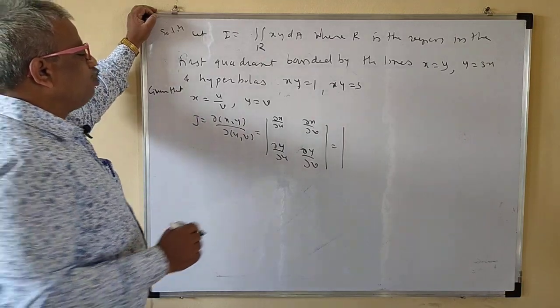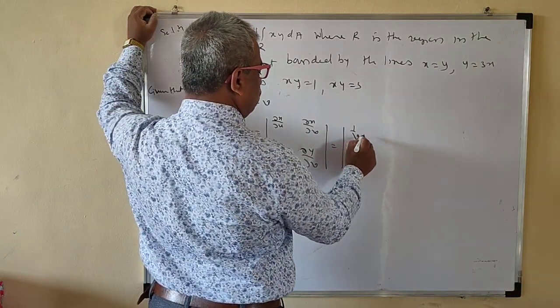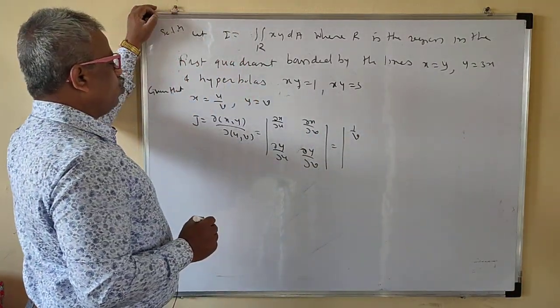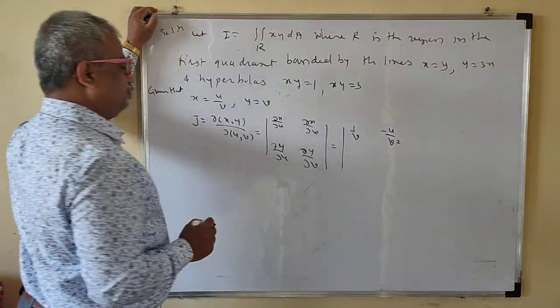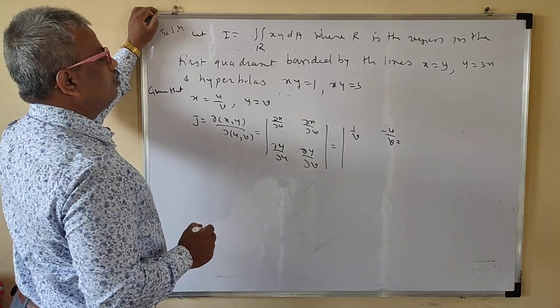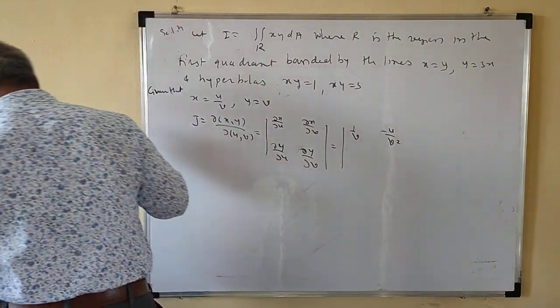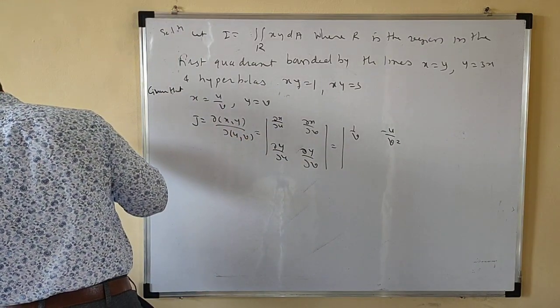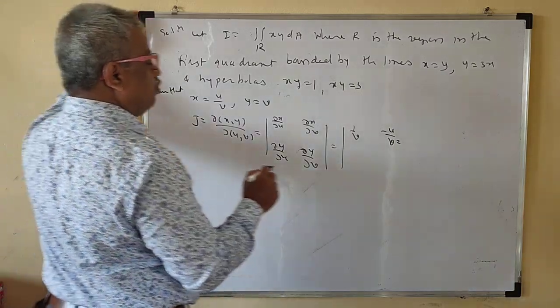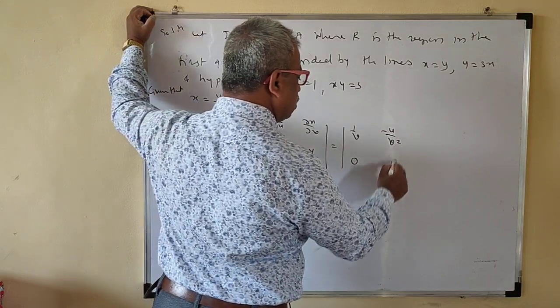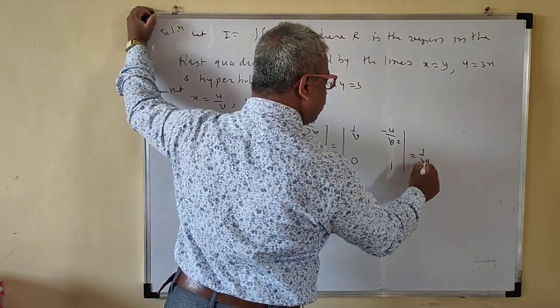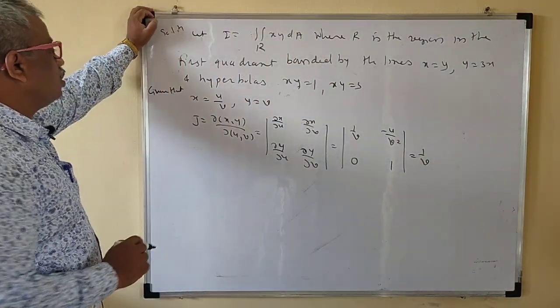Note that x may be a function of u and v. Dou x by dou u is 1 by v. Then dou x by dou v is minus u upon v square. Y is equal to v, so dou y by dou u is 0, and dou y by dou v is 1. So the Jacobian is 1 upon v.